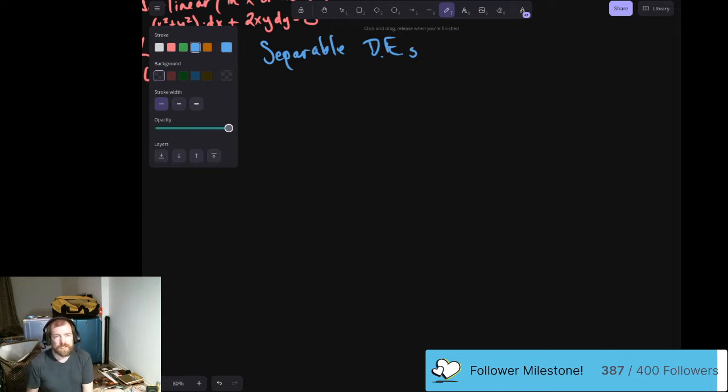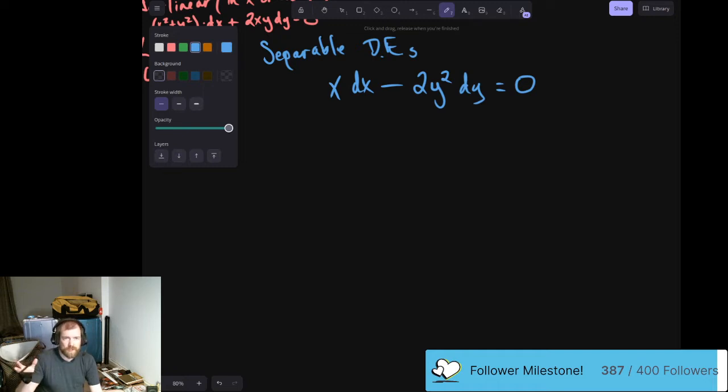But separable differential equations are going to be things like x dx minus 2 y squared dy equals 0. So in this particular case, we have a differential equation where all of its individual terms are separated by the variable that they have. Our first stuff over here has all of our x's, our second stuff here has all the y's, and there's nothing else. So that's it.